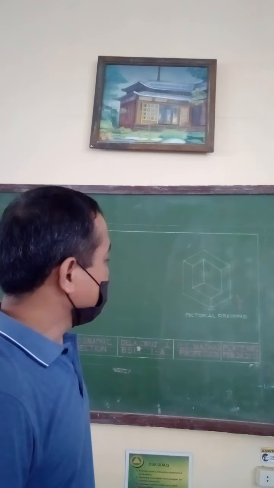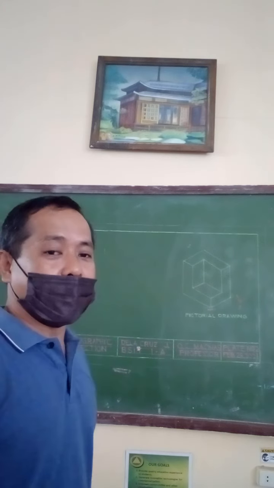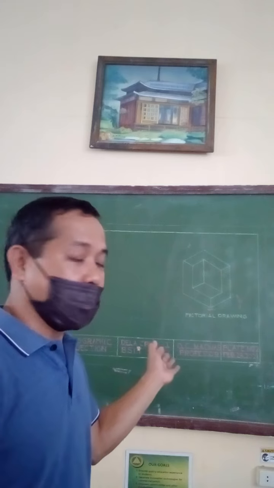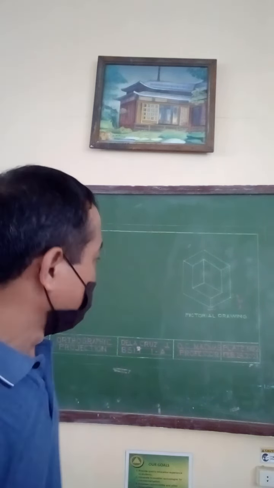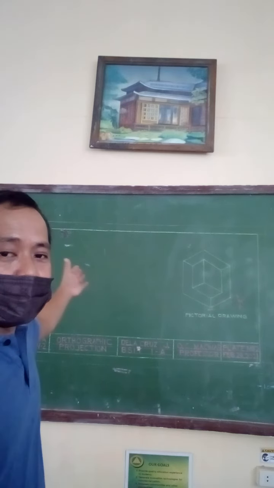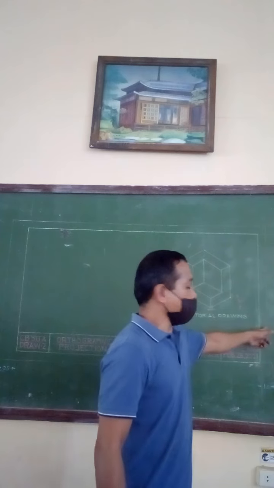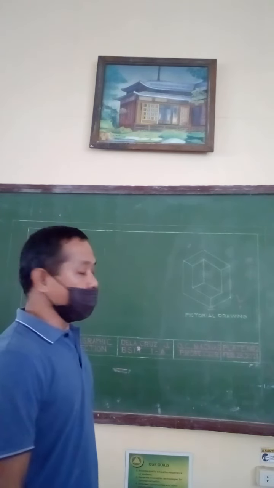And then we have the pictorial, which measures, you observe that the position of the object is at 30 degrees in angle, both sides, because that is an isometric. And you will observe the border in a green line, and it's the edge of the paper. So that is the border line.